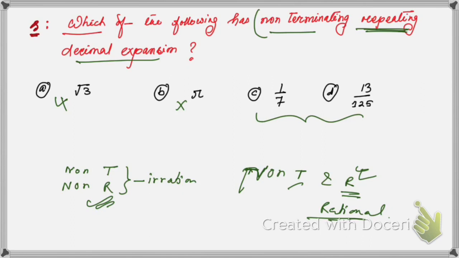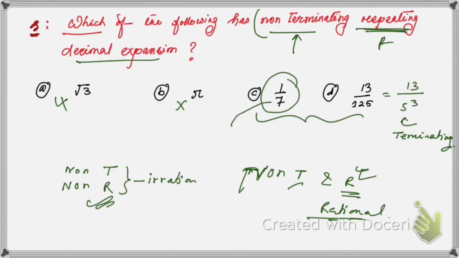Now here you see the last option, 13 by 125, can be written with 5 to the power 3 in the denominator, right? So here we have only 5s, so that means it is terminating. So we don't need a terminating number. Here we are asked to find the non-terminating and repeating. So the other number is 1 by 7.